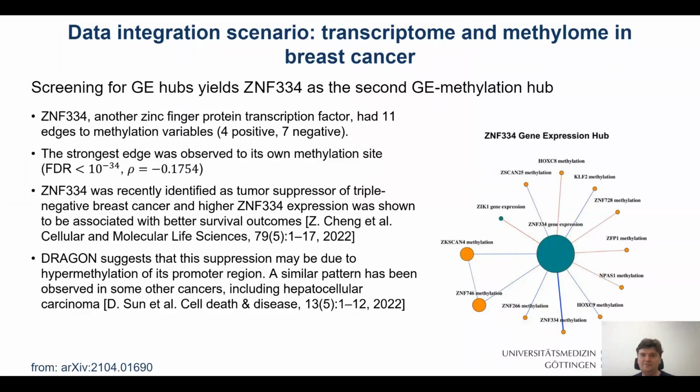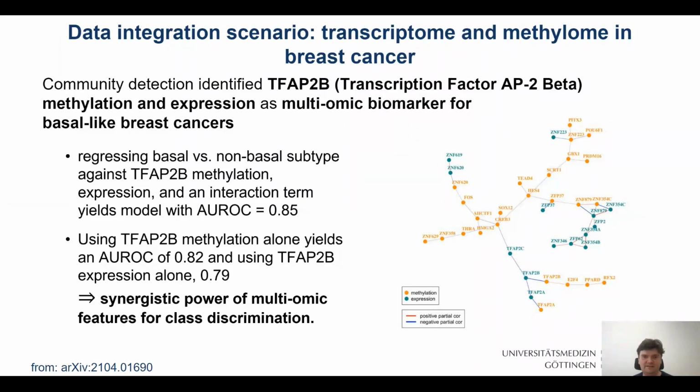Finally, we ended up with this analysis by a data integration or community detection approach, and that identified a joint biomarker which combines methylation with gene expression. Basically, we observed that we can differentiate basal versus non-basal subtypes of breast cancer with an AUC ROC of 0.85.